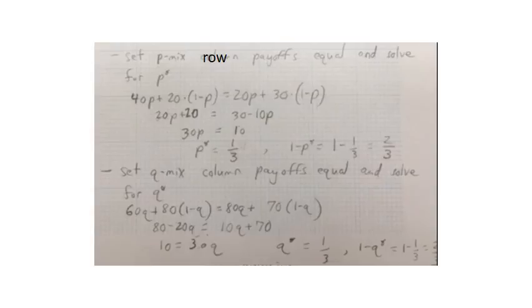So essentially, most of the time, in this case, Intel is going to choose chip design B, and most of the time, AMD is going to also choose chip design B. So that's the mixed strategy Nash equilibrium in this case.